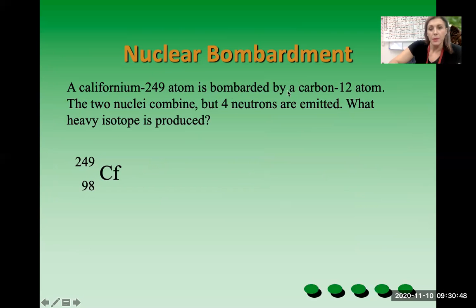A californium-249 atom is bombarded by a carbon-12 atom. Two nuclei combine, but 4 neutrons are emitted. What heavy isotope is produced? So here you're shooting carbon-12 at californium. 4 neutrons are emitted. Remember, this side has to equal 104, and this side has to add up to the mass numbers.